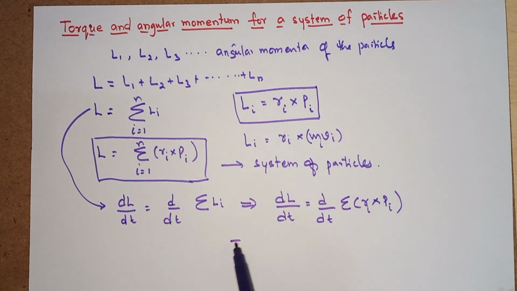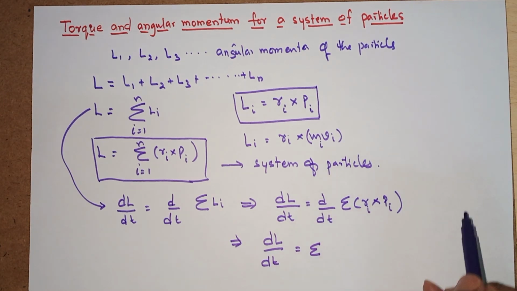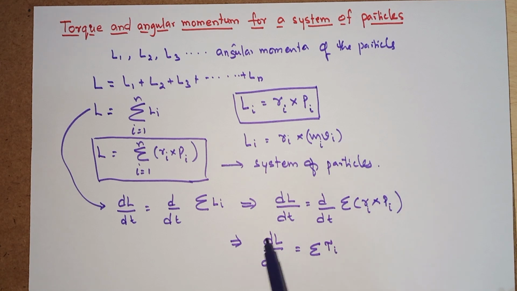Now dL by dt is equal to the summation over r cross dp by dt, which is called tau i, the torque. The differentiation of the total angular momentum is the summation of tau i.